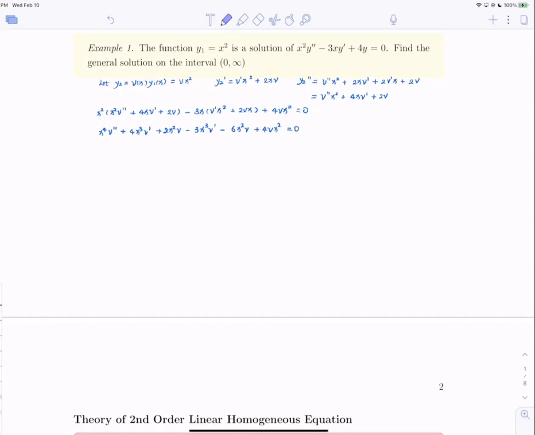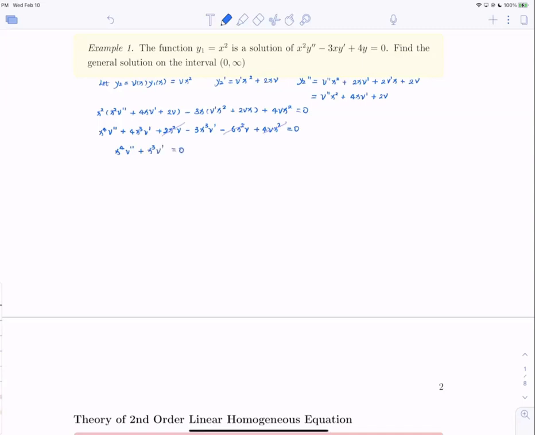You can tell that we have 2x squared v minus 6x squared v plus 4x squared v, so those three terms cancel out, and the other two terms can be combined. So that's x to the 4 v double prime plus x cubed v prime equals 0.